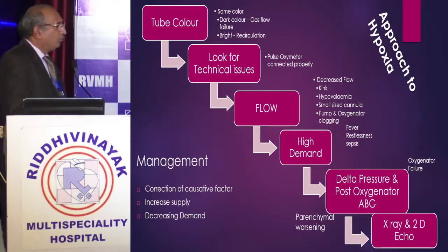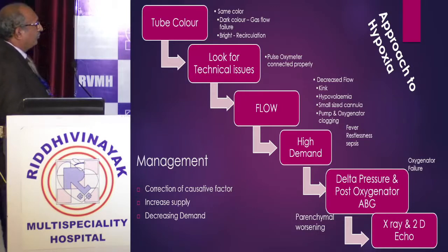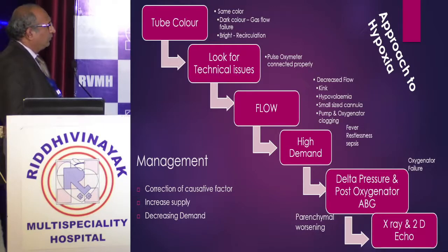So this is the way you look at it when you get a hypoxia. First, look at the tube color. If it is the same dark color, it is gas flow failure; bright color, recirculation. Look for technical issues, whether the pulse oximeter is connected properly or not. Look at the flow, whether the flow is decreased. If it is decreased, look at the reasons for it.